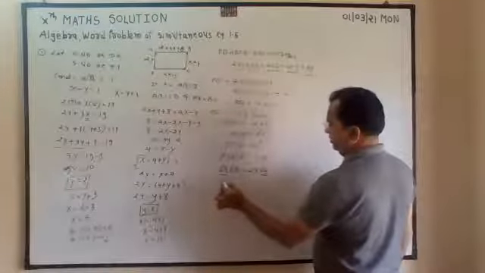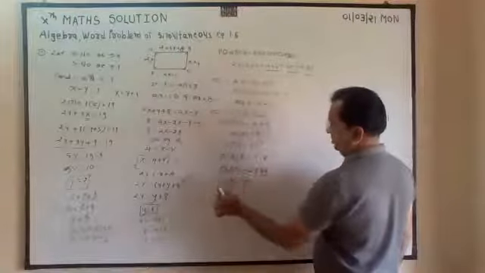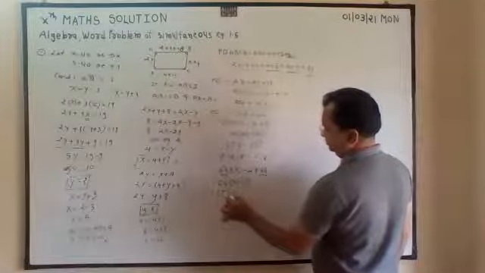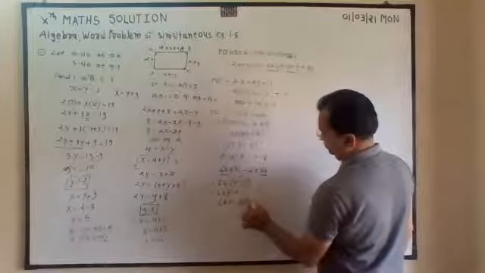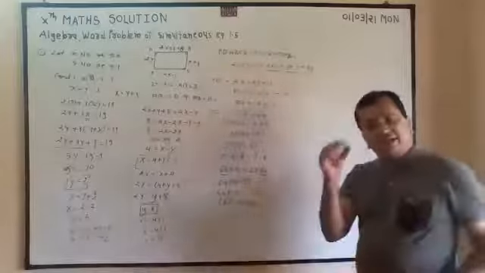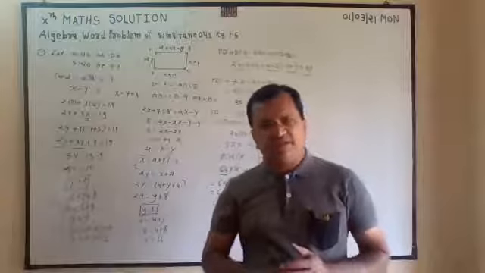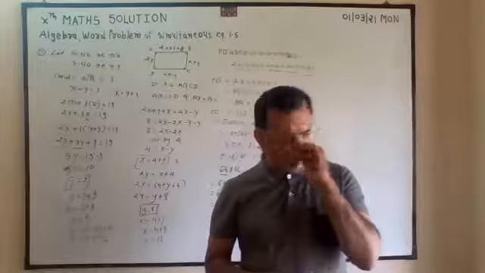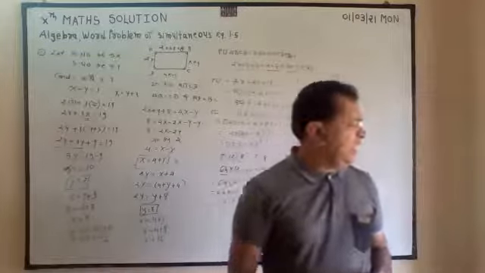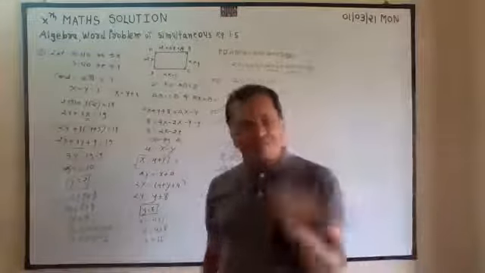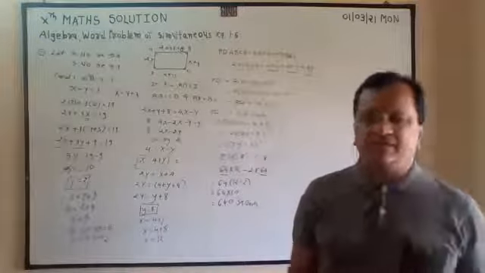Do intelligent calculation, 64 common. It is an area, so square unit. Don't write only unit. When units are not given, you are supposed to write unit for a single linear measurement, that is distance, and for area, square unit.